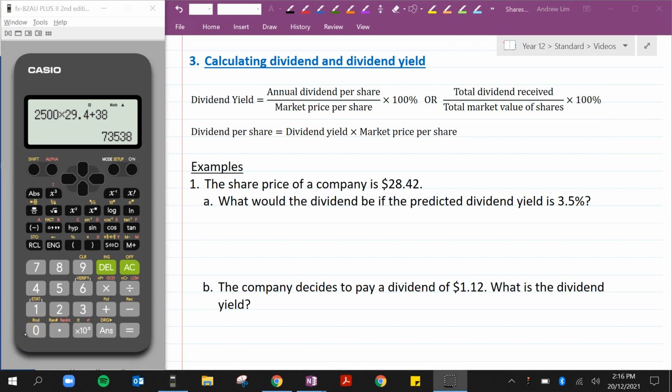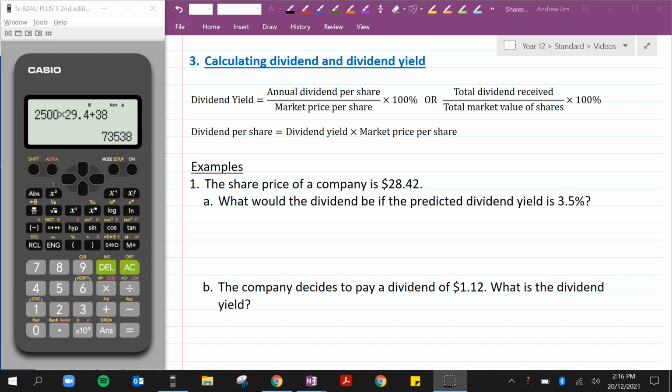Now, it's important to remember when you put this in your calculator, you don't put the percentage symbol, you just times by 100. And you put your percent in your answer. The second formula is total dividend received divided by the total market value of the shares. Again, times by 100%. So whenever you're being asked the dividend yield, it's always a percentage.